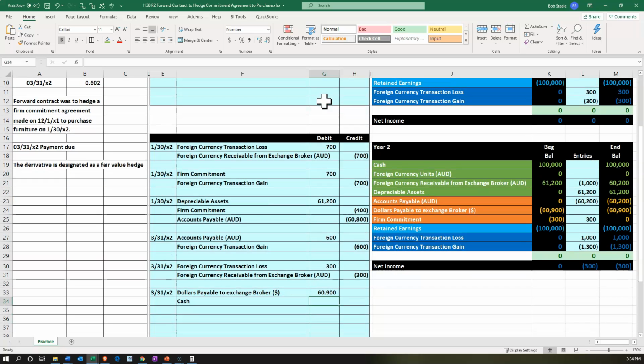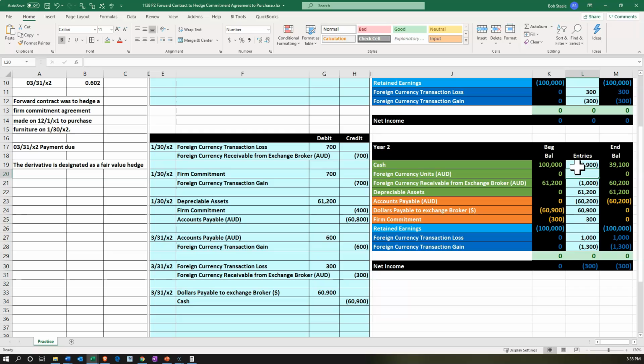We haven't been changing it for currency things or anything like that. That's in dollars. And then we're going to say this is the credit. So then this liability is going to go back down to 0. And then we've got the cash that is going to be decreasing as well. So we'll decrease that.